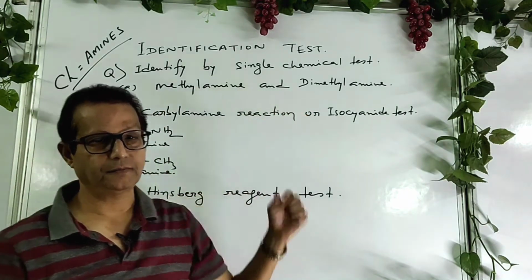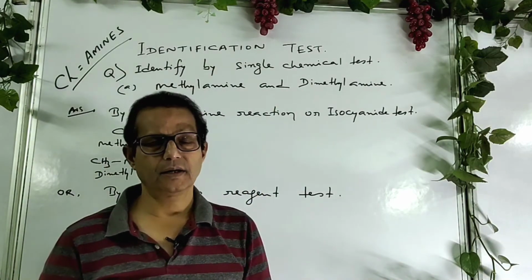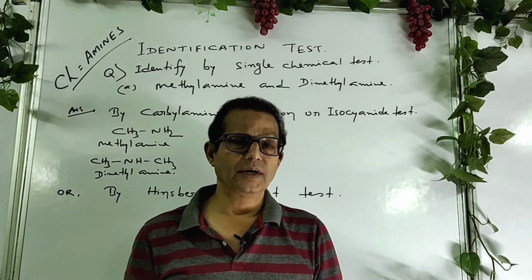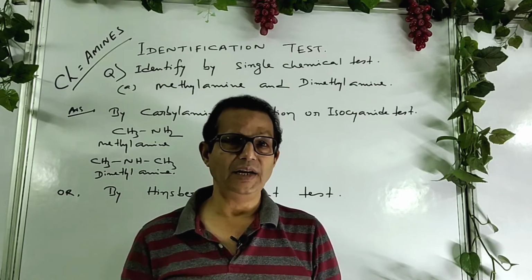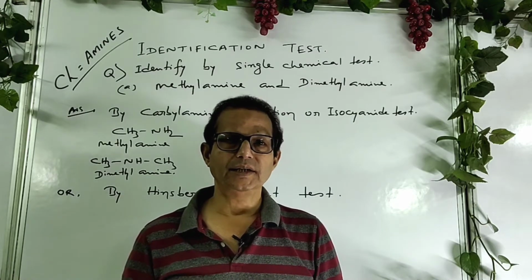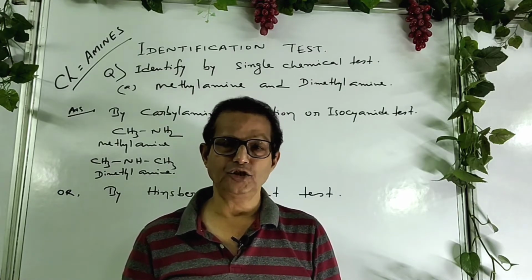Carbylamine reaction. Listen, carbylamine reaction or isocyanide test is the identification test of aliphatic or aromatic primary amines, that is amines containing NH2 group.